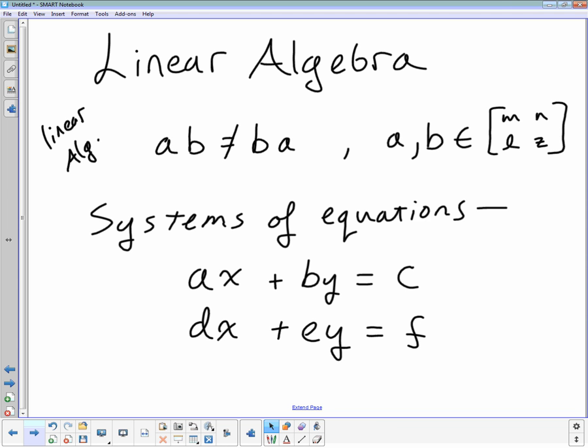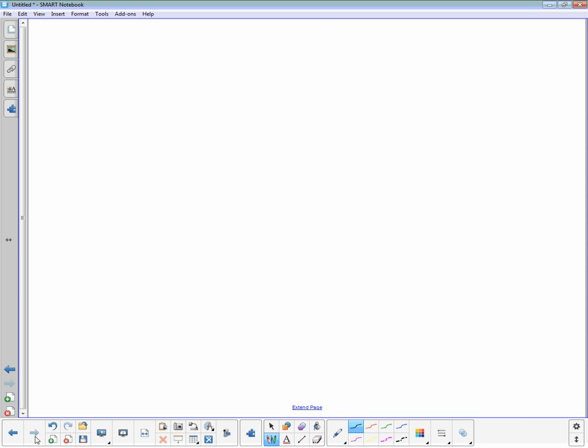We also can take things that aren't linear, and we can look at them in small batches, small little regions. Like, for example, let's say, how about the surface of the Earth?